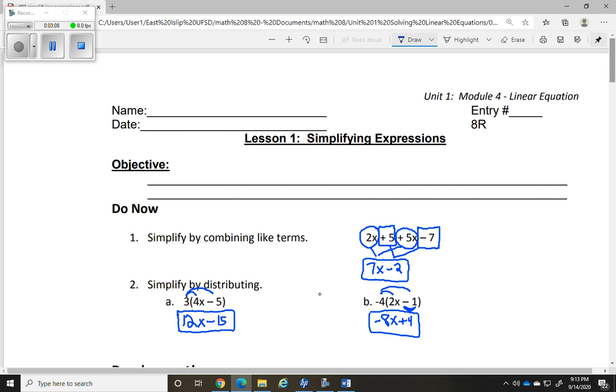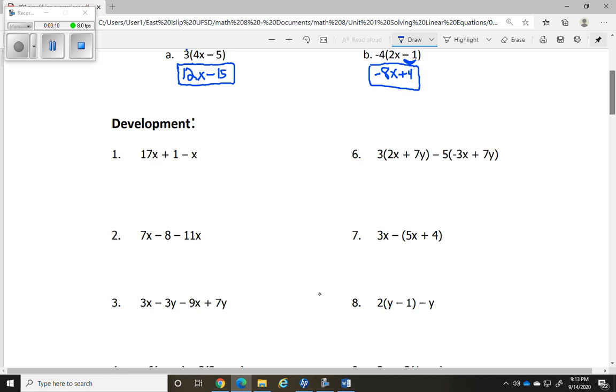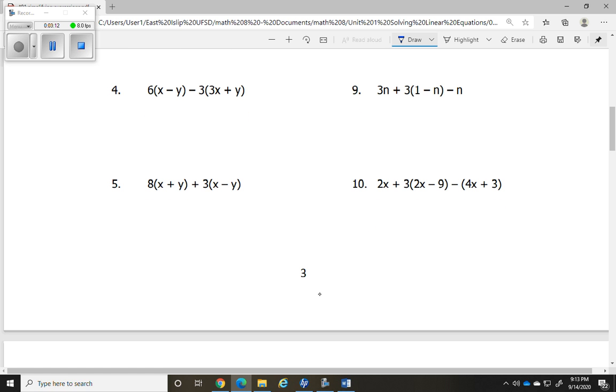I said I'd do some of the development with you. I'm actually going to start right in on number 5. Remember what our objective says. It says by first distributing and then combining. So let's distribute to get 8x plus 8y. And then let's distribute this 3. It's a positive 3.